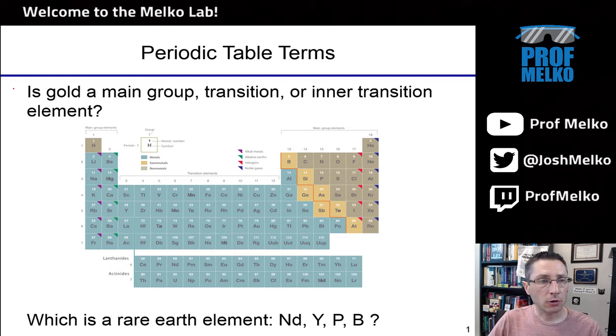The first one here is gold: is it a main group, transition, or inner transition element? This is sort of given away on the screen because the periodic table I'm showing has some of the sections labeled. The first two columns are main group, the last 6 columns are main group, everything in the middle is transition, and the ones at the bottom are inner transitions.